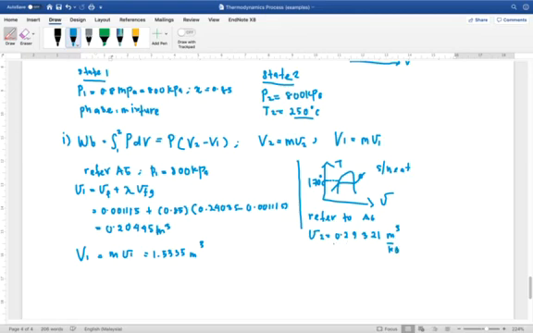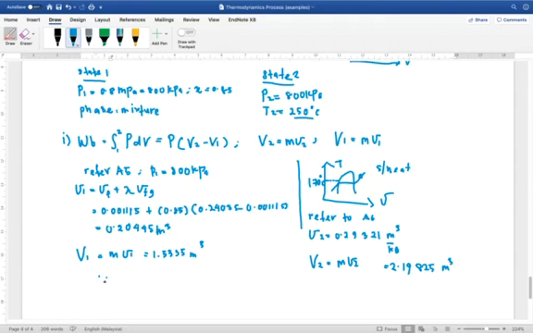And from here, I will get the volume at state 2 as m times specific volume 2, that is 2.19825 meter cube.